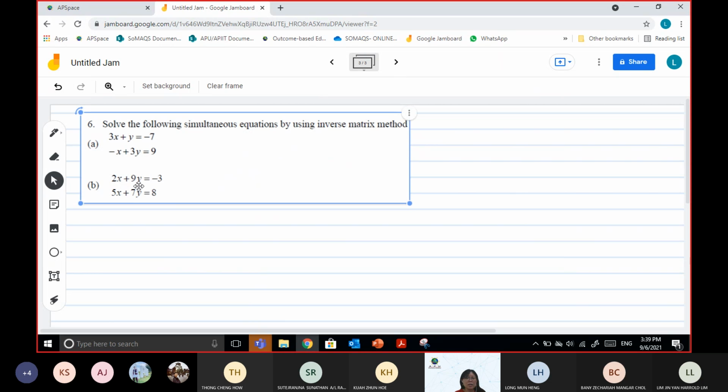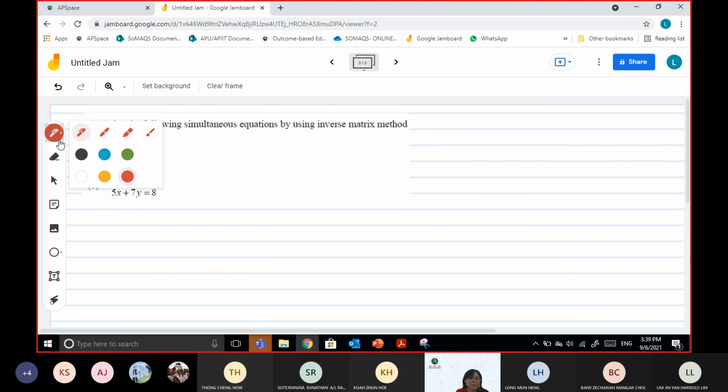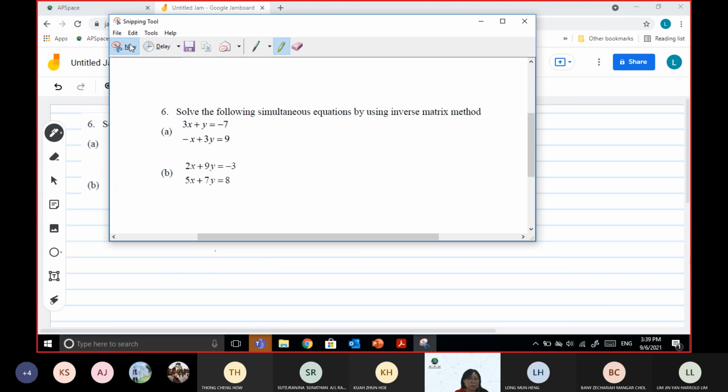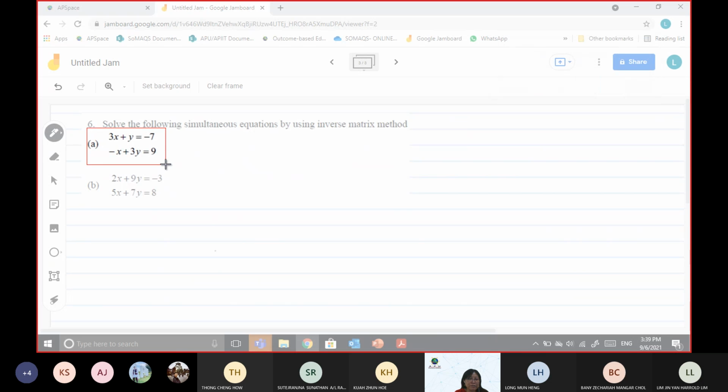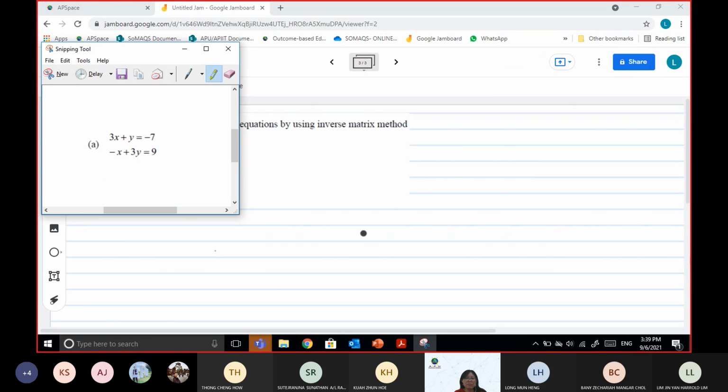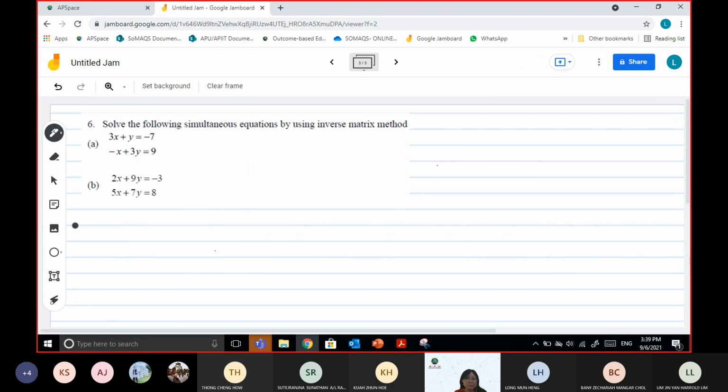This one has two unknowns, so you need to solve it by a 2 by 2 matrix. Before we start, we need to write the simultaneous equations into the matrix form.